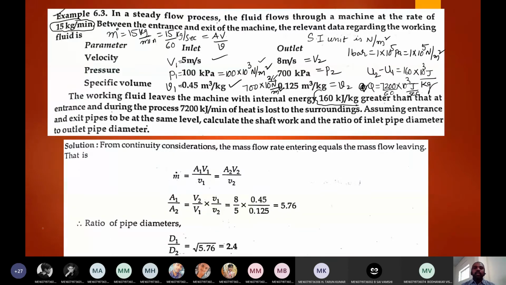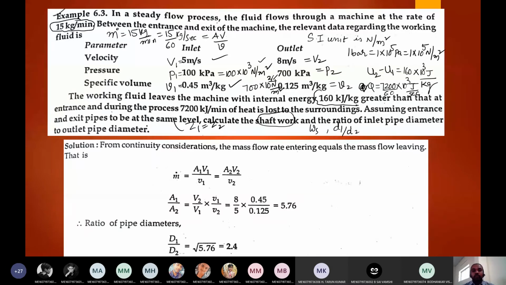Per minute to second, you multiply minutes with 60, and kilojoules to joule is 10 power 3. Assuming entrance and exit pipes are at the same level, Z1 equals Z2. Calculate shaft work and the ratio of inlet pipe diameter to outlet pipe diameter. He is asking Ws and D1 by D2.